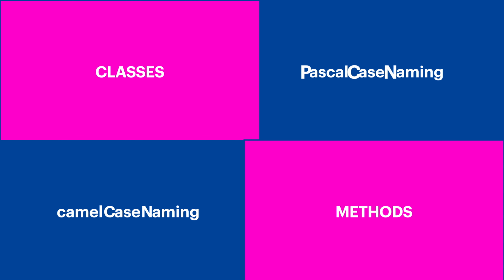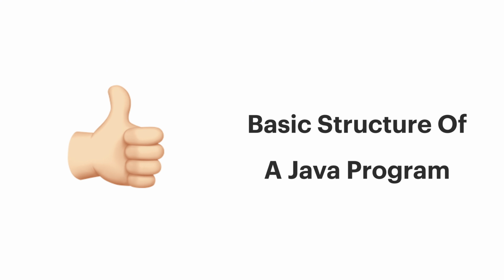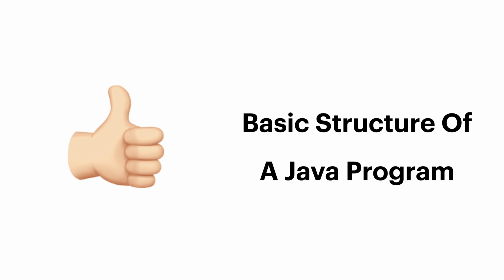In Pascal naming convention, we capitalize the first letter of each word. In camel case naming convention, we keep the first word in lowercase and then we capitalize the first letter of each word. Note that we do not leave any spaces between the words. Alright, now you know the basic structure and anatomy of a Java program.